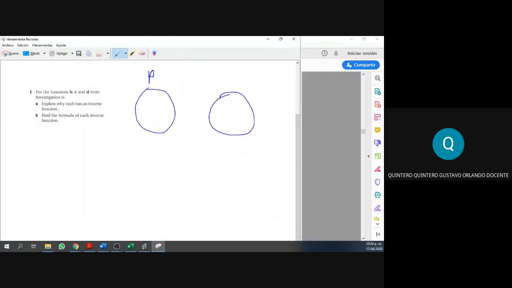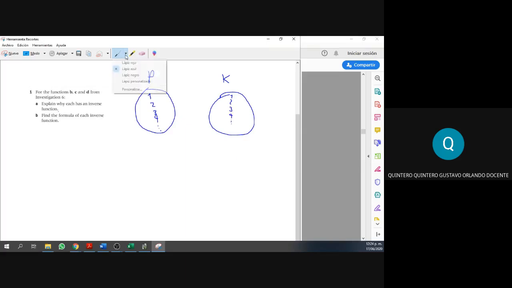This is P for pounds, this is K for kilograms, right? The amount of pounds: 1 pound, 2 pounds, 3 pounds, 4 pounds, and so on. And in kilograms, 1 kilogram, 2 kilograms, 3 kilograms, 4 kilograms, and so on.